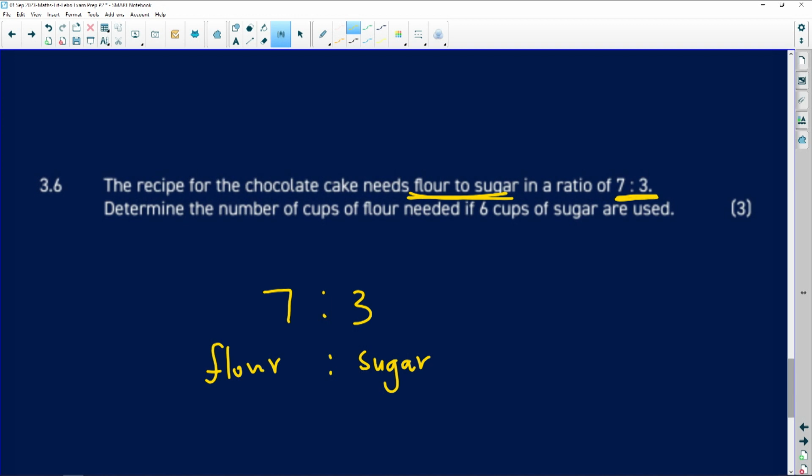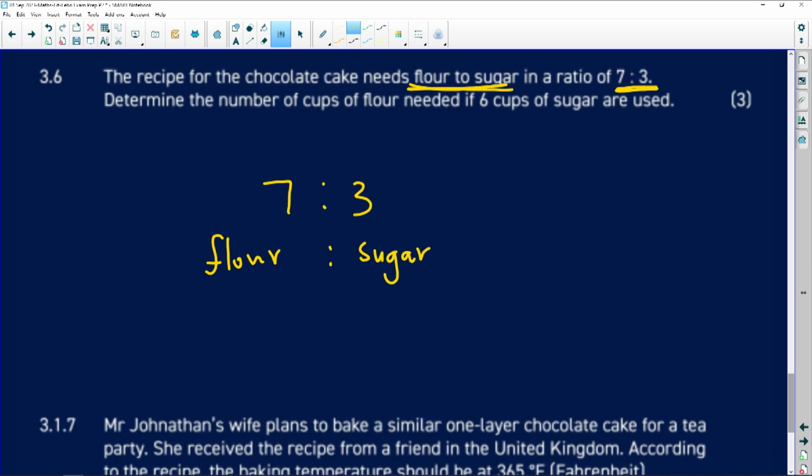So I know now that this is 6 cups. But I need how many cups there are there. Quick, easy. I know the ratio is 7:3, and I know this is 6 cups.